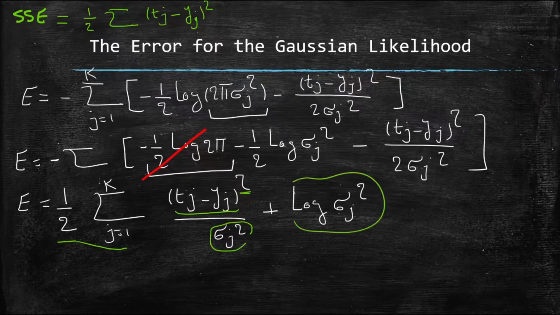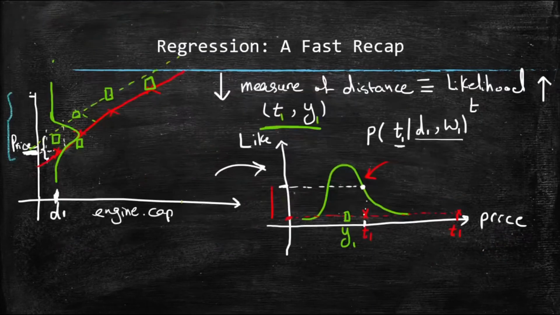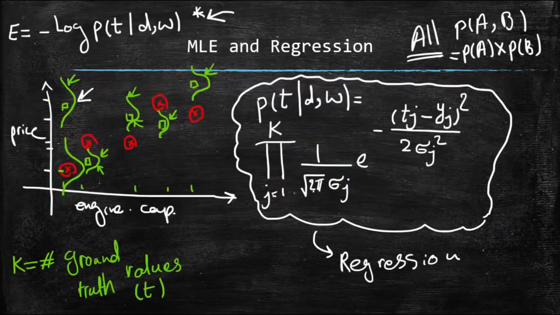What are these? What is sigma j again? That is the standard deviation of the jth Gaussian. Now, what they don't tell you is that in the literature, in sum squared error, they assume that all the Gaussians that I showed you over here each have a standard deviation of 1.